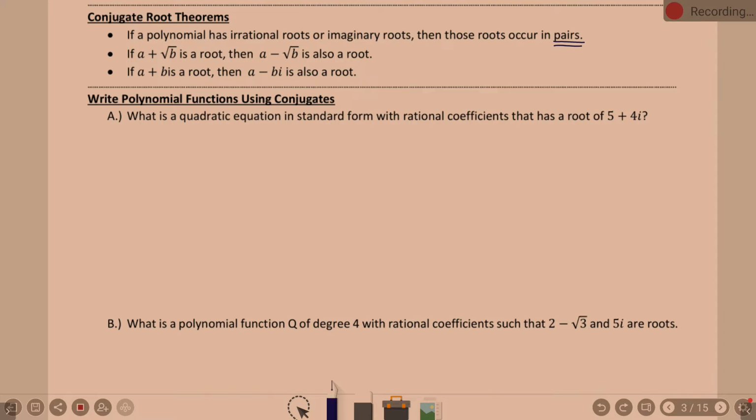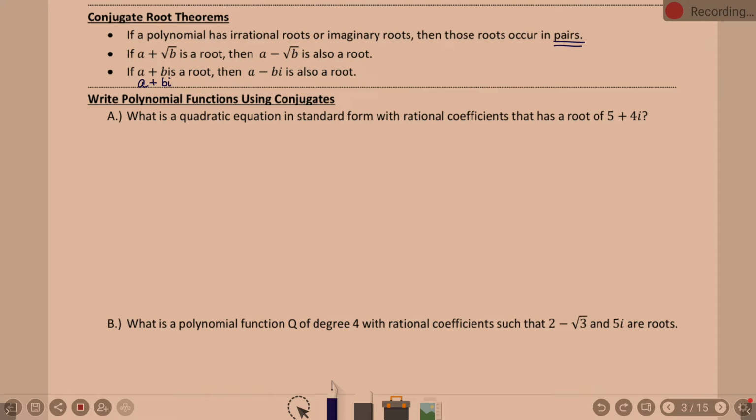If a plus bi is a root, then a minus bi is a root. Again, conjugates, taking the same pieces but changing that middle sign. Keep that conjugate root theorem in your head.